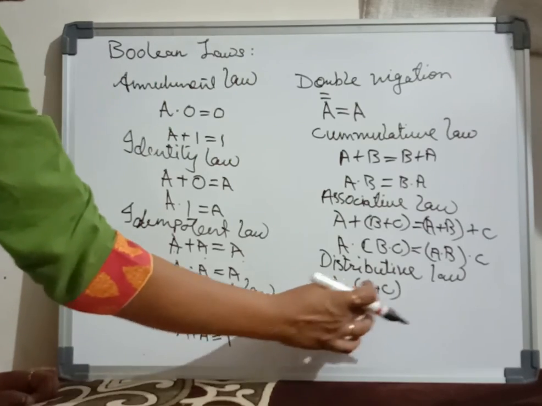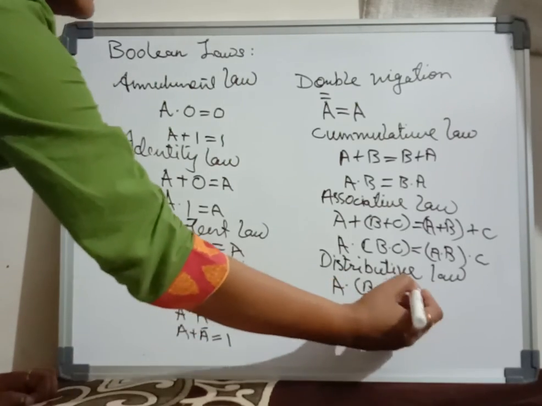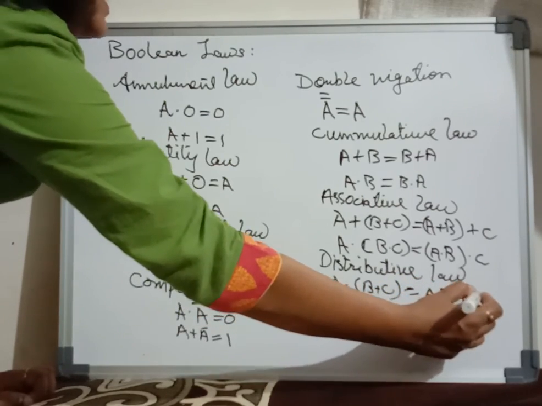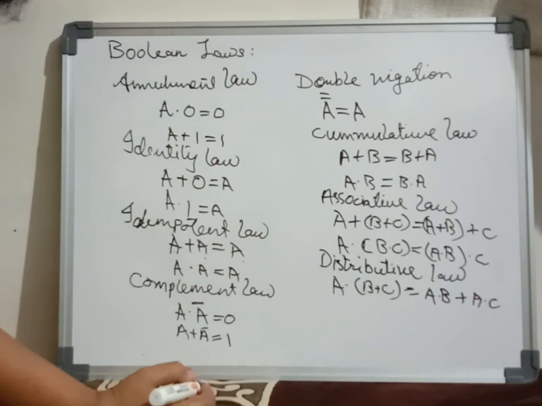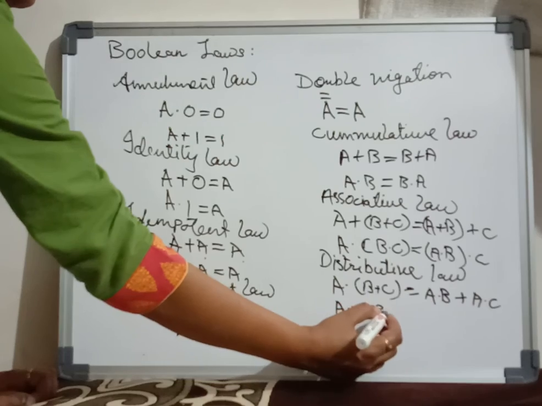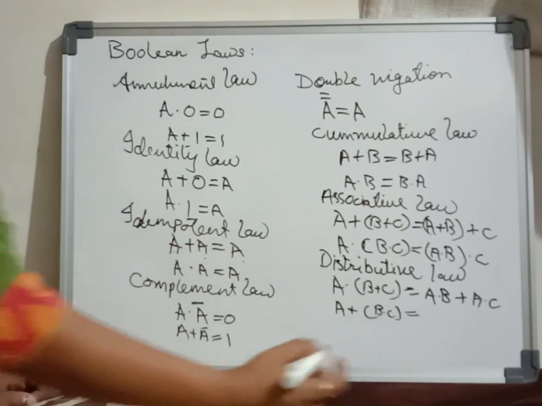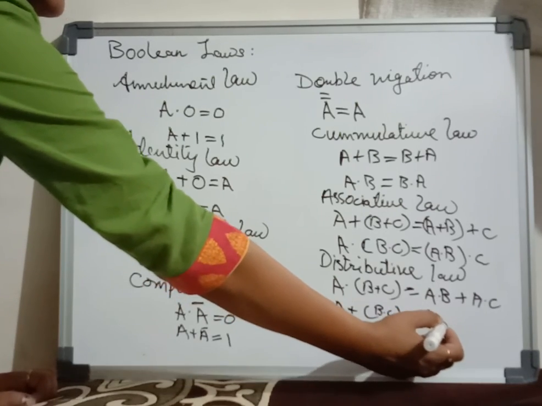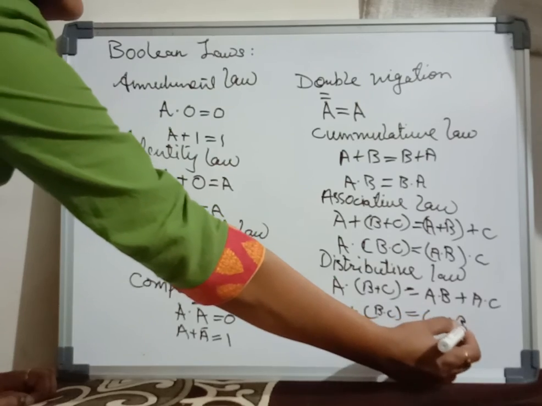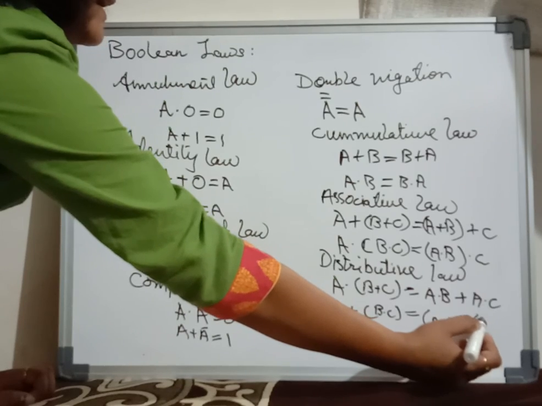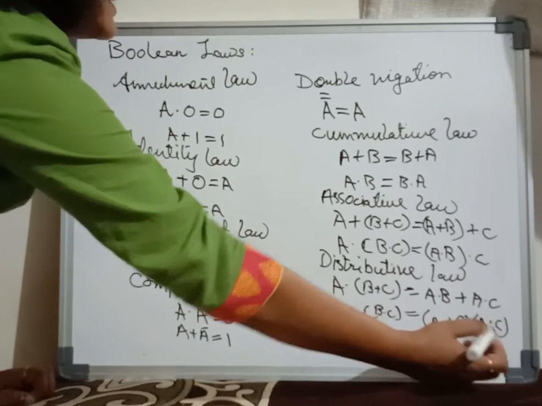Means A dot B plus A dot C. Suppose we have A plus B dot C, then this can be written as A plus B in one bracket, A plus C in another bracket.